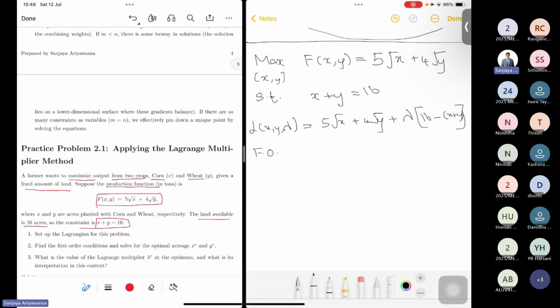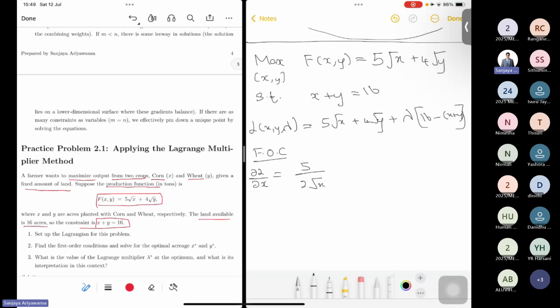Step number 2 is to write down the first order conditions. That is, partially differentiate your Lagrangian with respect to x. So here you have 5 times root x, and when you differentiate that, you get 5 divided by 2 root x.